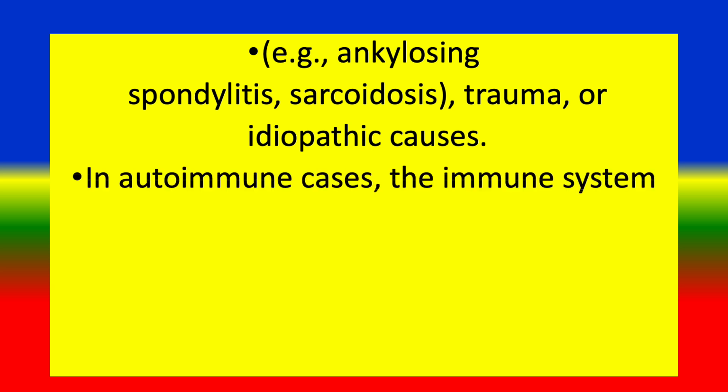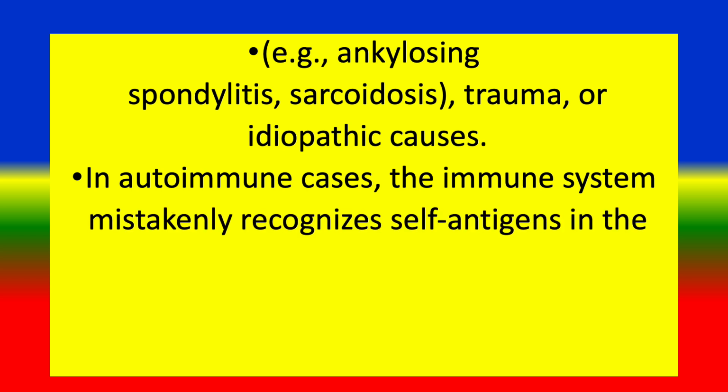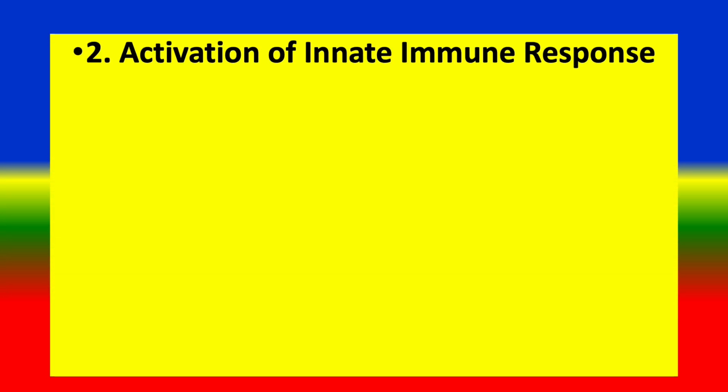Example, ankylosing spondylitis, trauma, or idiopathic causes. In autoimmune cases, the immune system mistakenly recognizes self antigens in the uveal tract as threatening. 2. Activation of innate immune response.